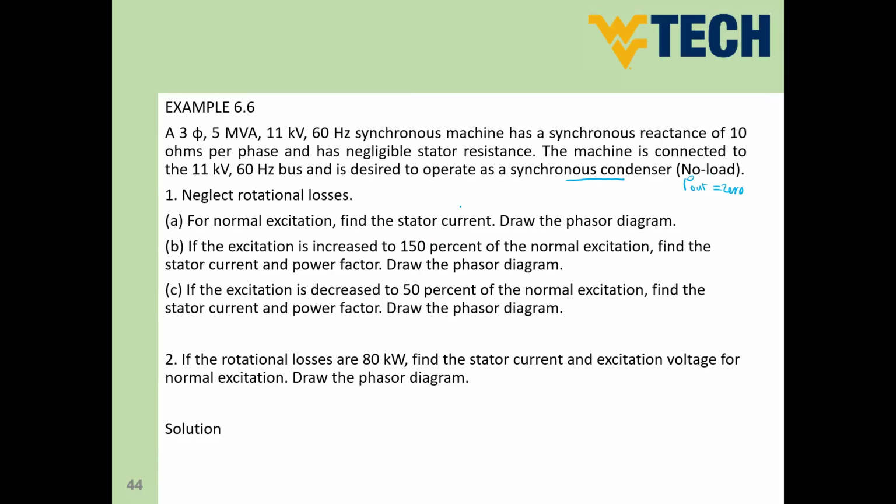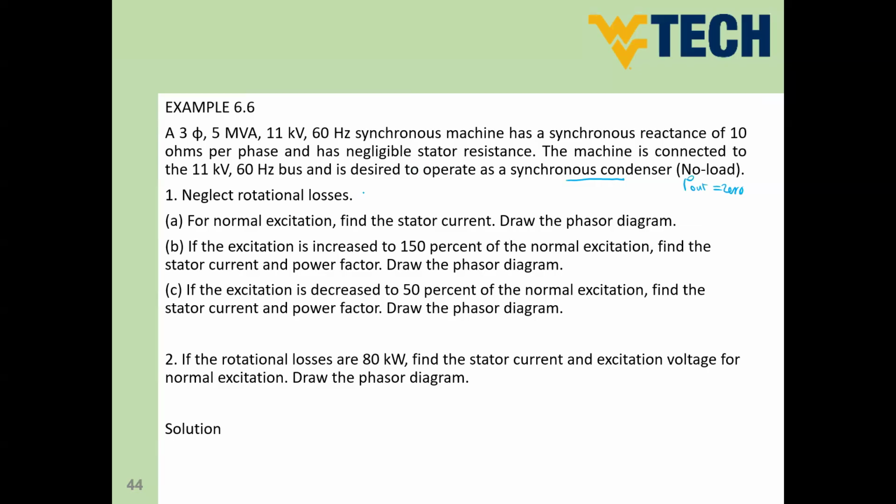So in this question, guys, we're going to solve in two scenarios. The first scenario says to neglect the rotational loss, so neglecting the machine losses, and the armature resistance is also neglected.